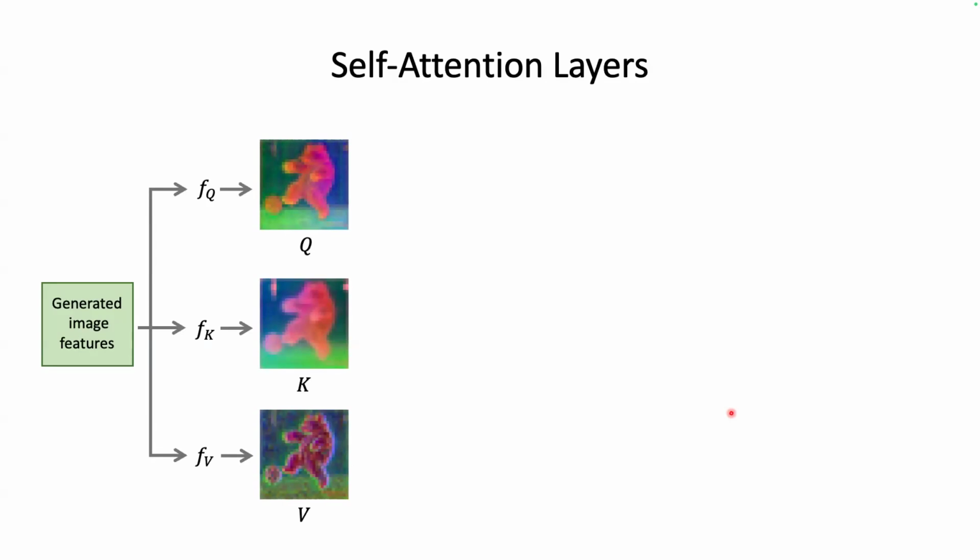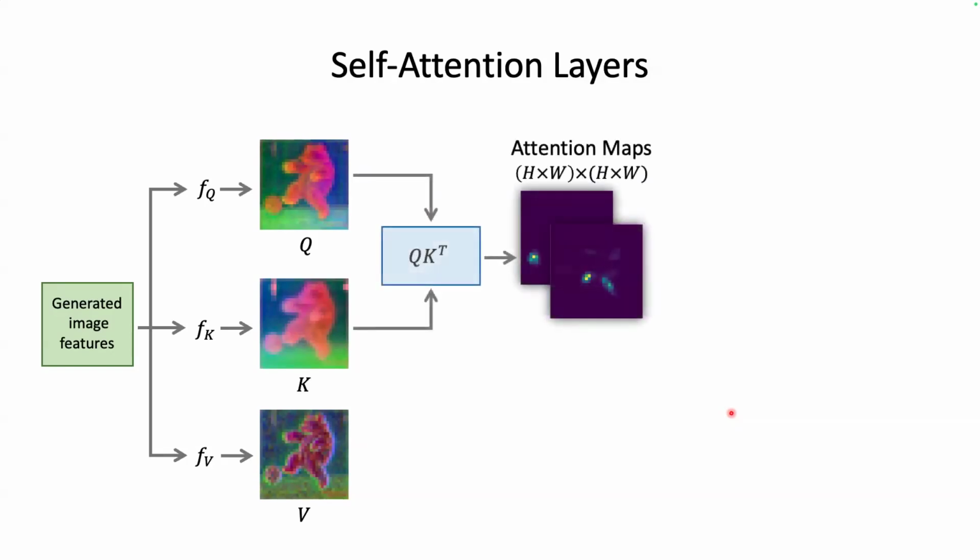Another thing to mention is that the information encoded in these features is very semantic information. It's not only about appearance, but it's a lot about the semantics of the image being generated.